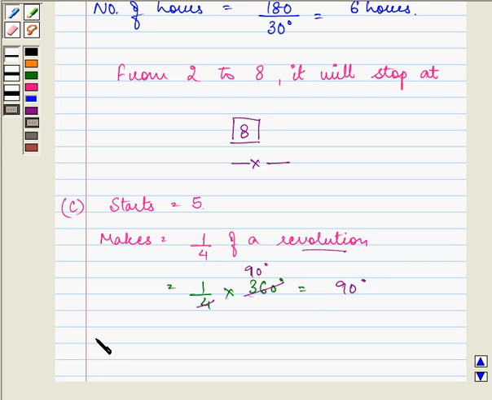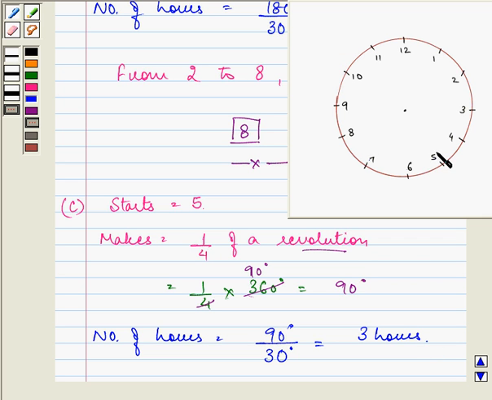So the number of hours will be 90 degrees divided by the turn the clock hand makes in 1 hour, that is 30 degrees. So we have 3 hours. Starting with 5, after 3 hours it will be 1, 2, 3, again at 8.